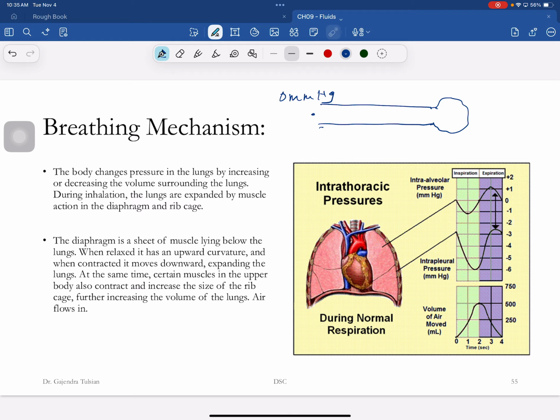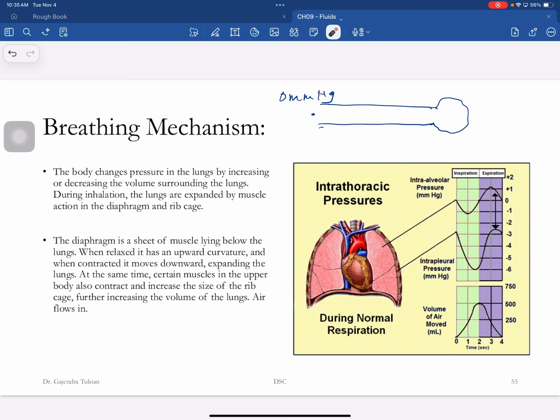This is not changing. So if you want air to move in here, the gauge pressure needs to be negative here. And when you want to breathe out, this needs to be positive. So inside the alveolus, when you're breathing in, it's minus 1 millimeter of mercury. That's what this is saying. And when you're breathing out, it's plus 1 millimeter of mercury.